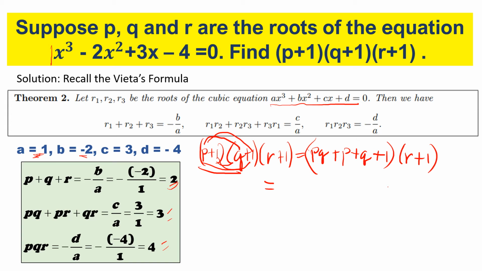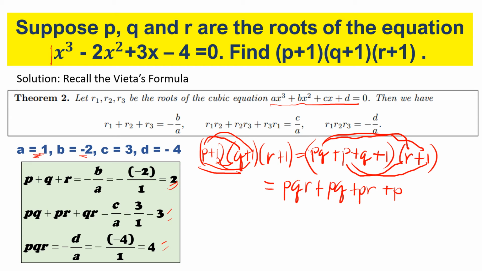The next thing we should do is distribute these to R. So we have PQR, then PQ times 1, which is PQ. Next we have P times R, and that is PR, P times 1, and that is P, Q times R, and that is QR, Q times 1, and that is Q. And the next is 1 times R, that is R, then 1 times 1, plus 1.